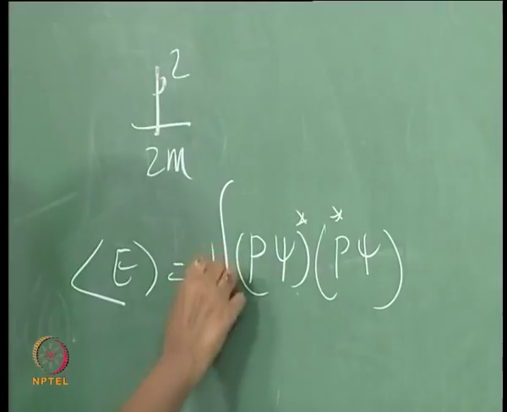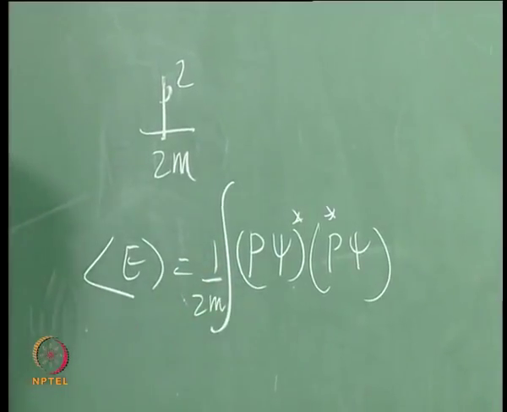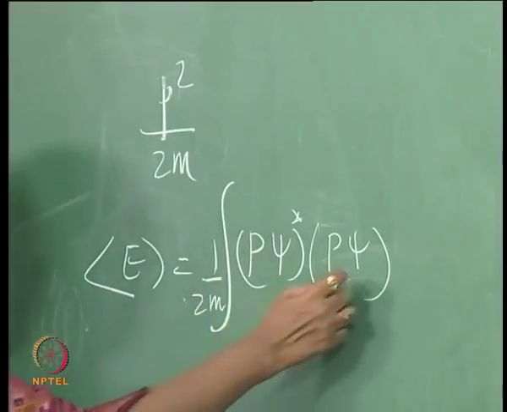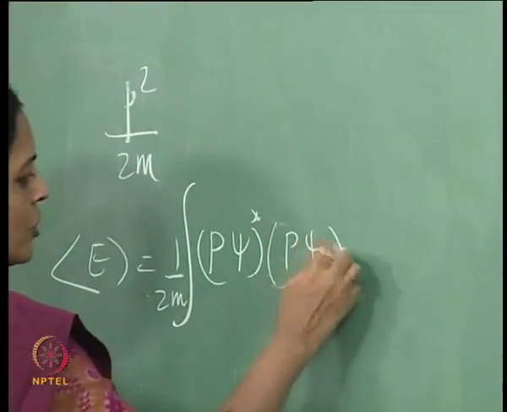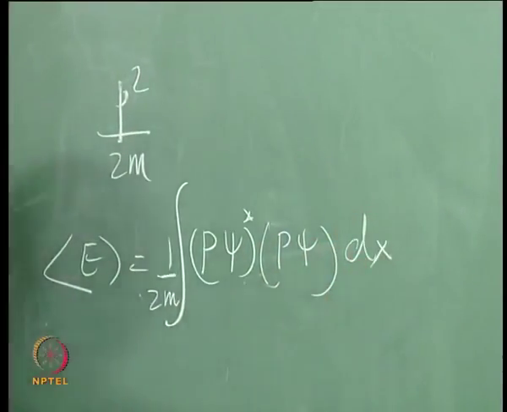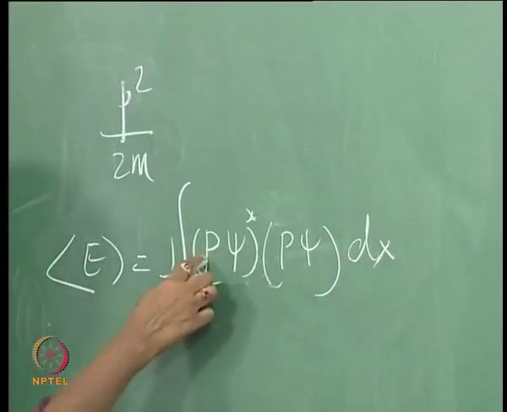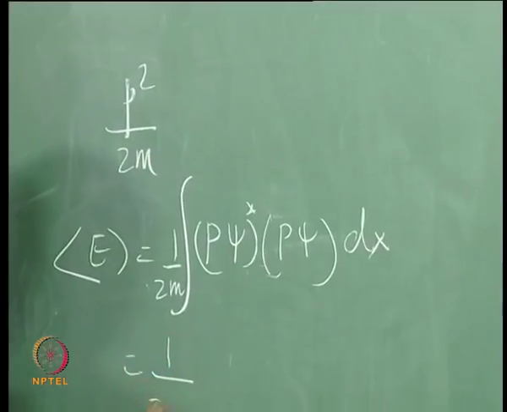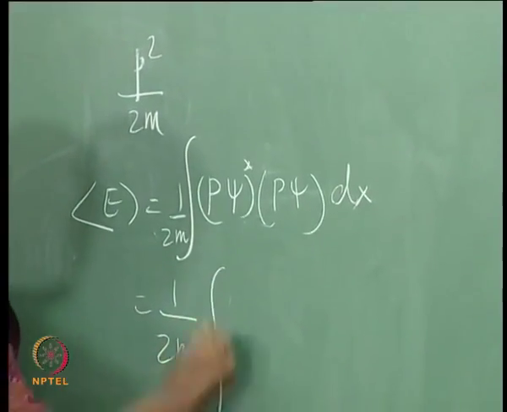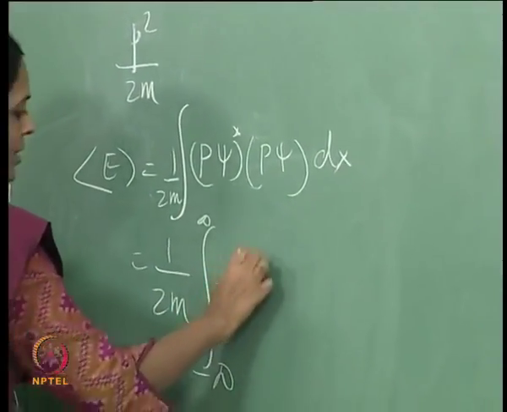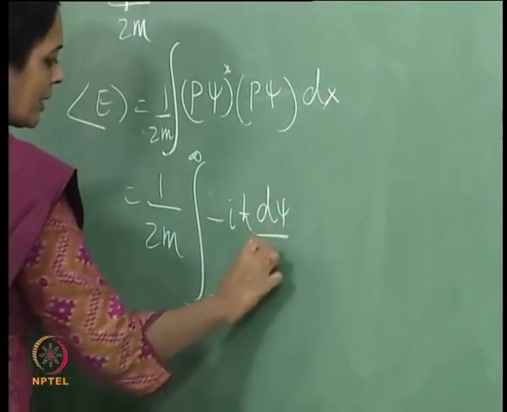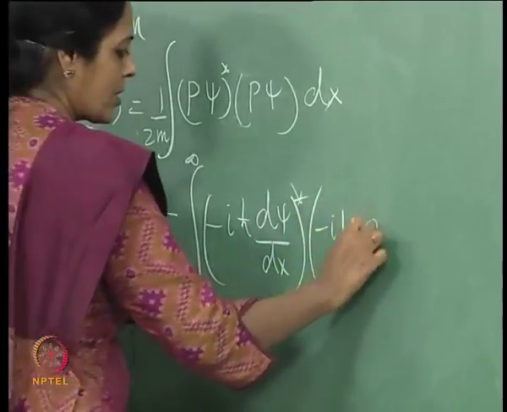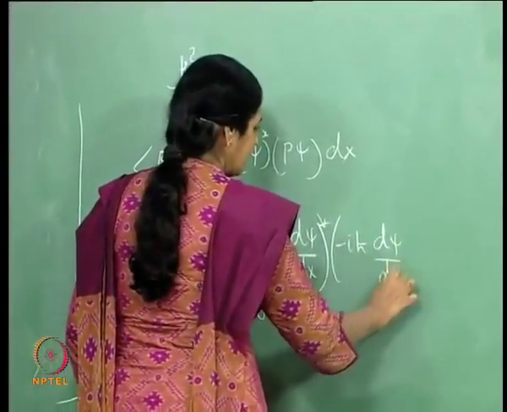Since it has a p squared by 2m, I can pull out the 1 by 2m, and I would just have p psi star p psi, all a function of x, and therefore I have dx, where p itself is minus i h cross d by dx. So the expectation value of energy is the integral from minus infinity to infinity of minus i h cross d psi by dx star times minus i h cross d psi by dx.